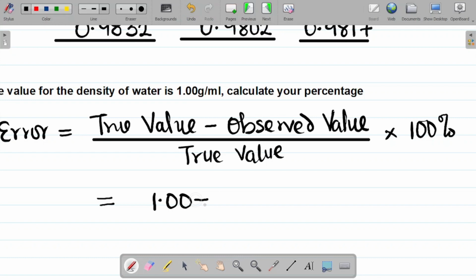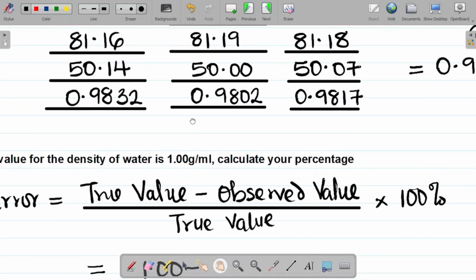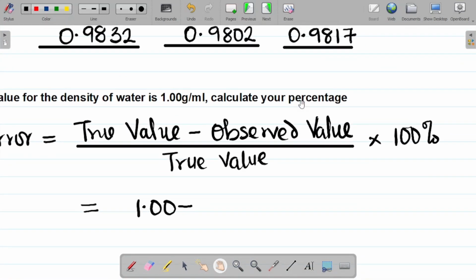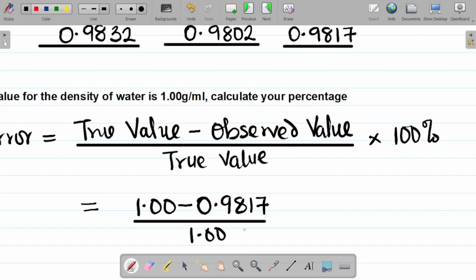From my calculation here, the density of water was 0.9817, so that becomes my observed value. That's 0.9817 divided by the true value, 1.00, times 100%.